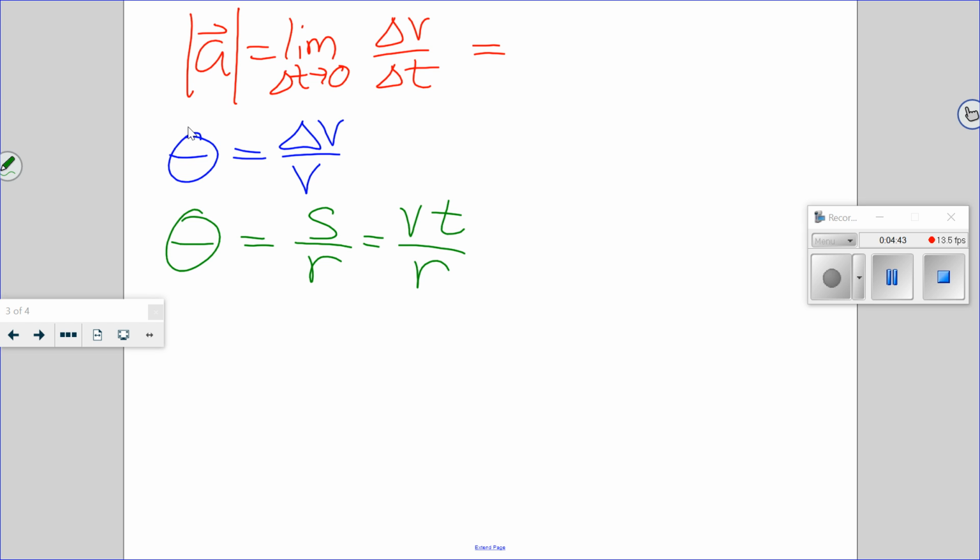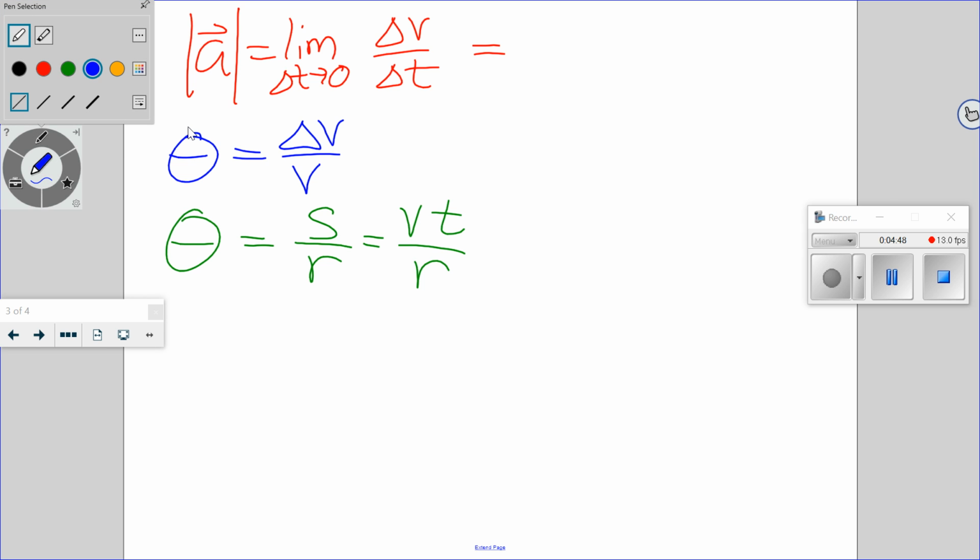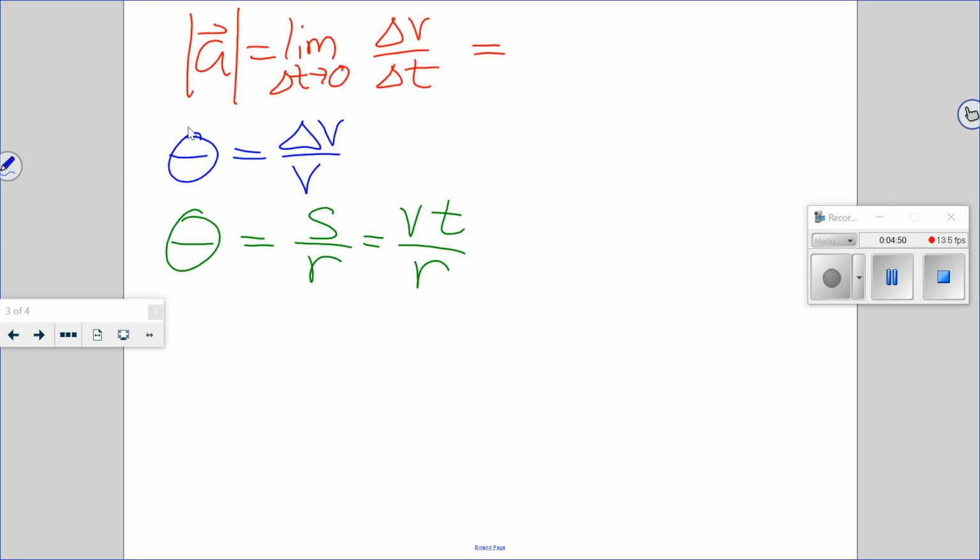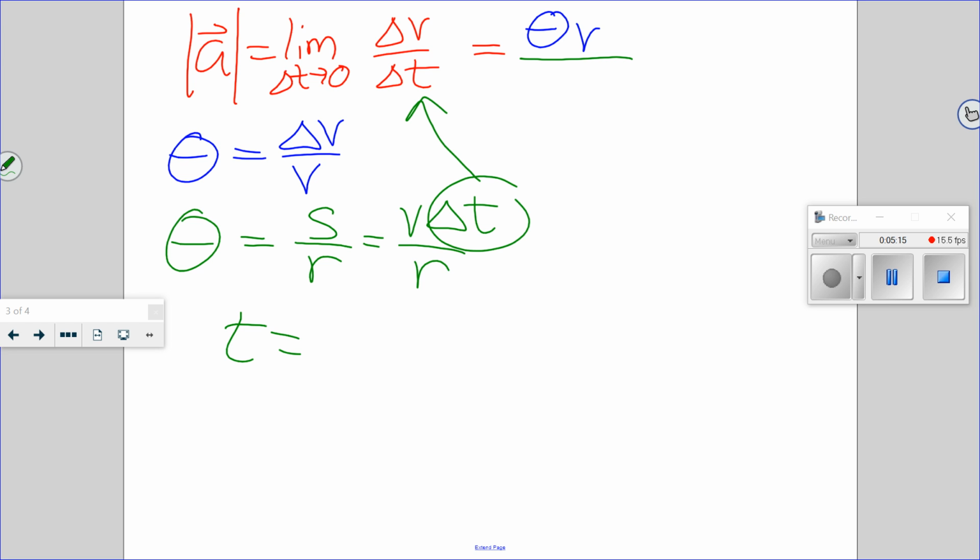So I'm actually going to replace our delta V using this blue one, theta times V over delta T. Delta t equals r times theta over v.